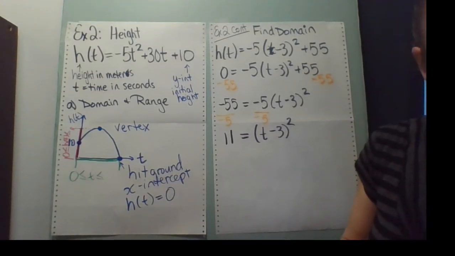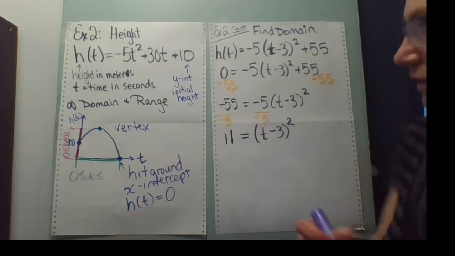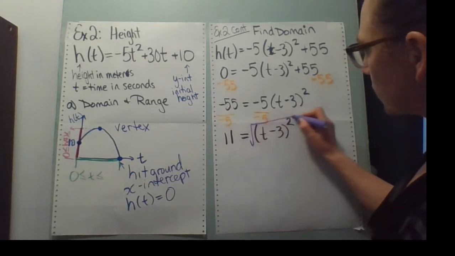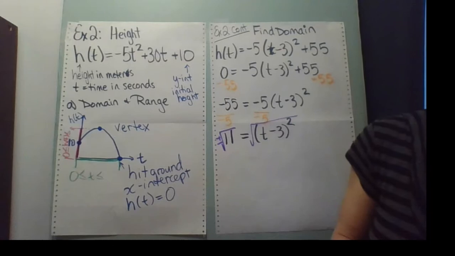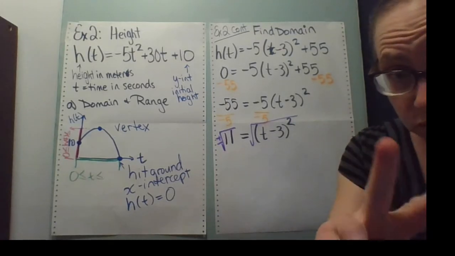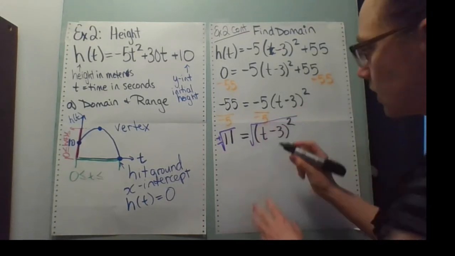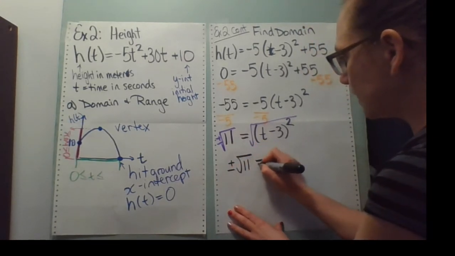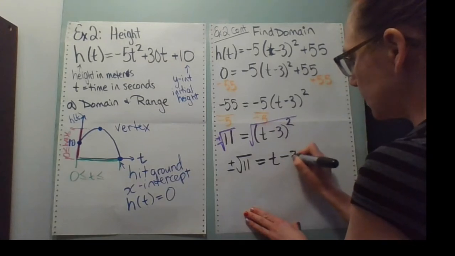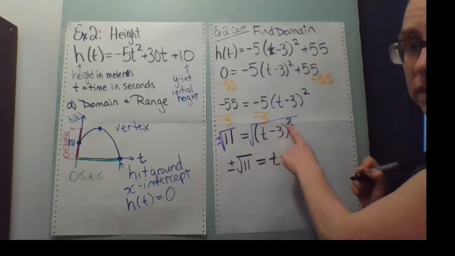And we know when we go to take the square root of that, we have to make sure that we've got the plus or minus version of it. Okay, because we need 2. There are 2 involved in there. So we know we've got plus or minus square root of 11 equals t minus 3, because the square root takes out the square.